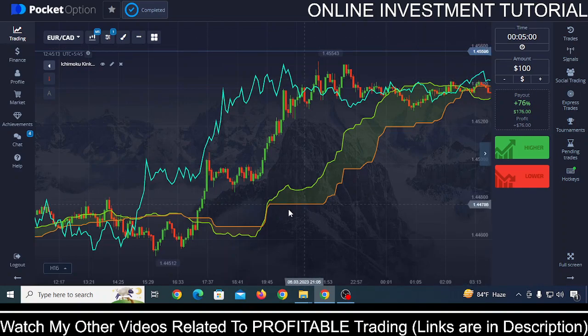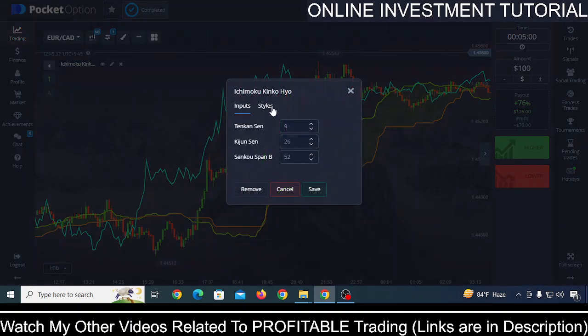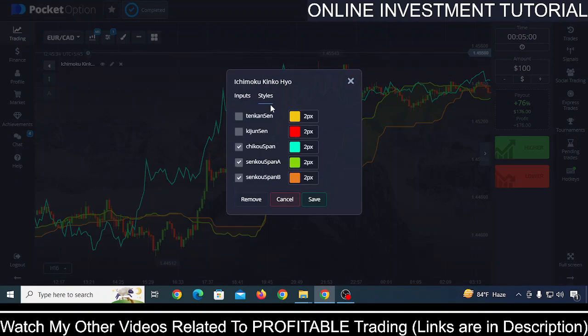And whenever the market is below this cloud then you should only trade by clicking on lower if you are trading binary options, or you should only sell if you are trading forex. I hope this explanation is becoming simple for you to understand.